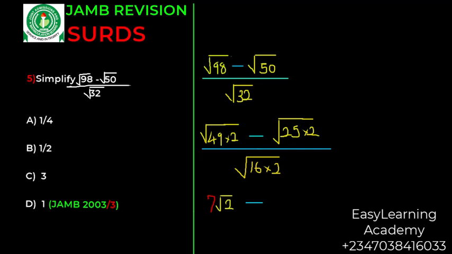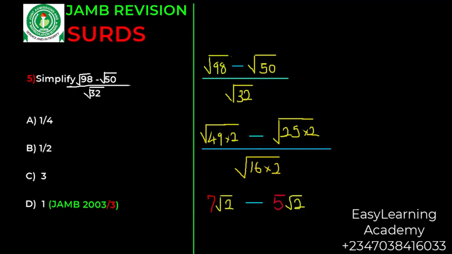What's the square root of 25? Okay, square root of 25 is 5. So we have there as 5. Okay, now 2 does not have a square root, so we bring the square root of 2 down.